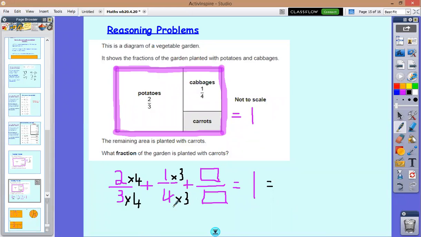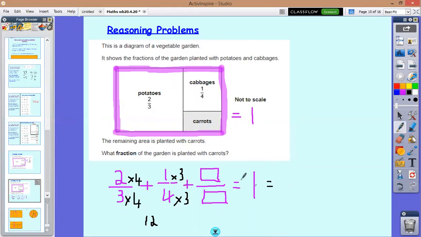Now I know that in the times tables with the 3 and the 4 times table, 12 is my common multiple. So in order to make my denominators 12, I need to do this fraction times by 4, and the numerator has to be times by 4 because whatever we do to the denominator, we have to do to the numerator. And with this one, I've got to do 4 times 3, and then 1 times 3 as well.